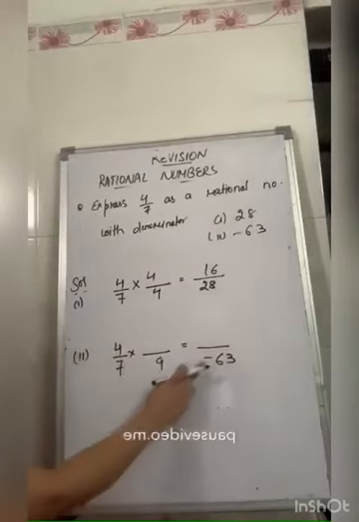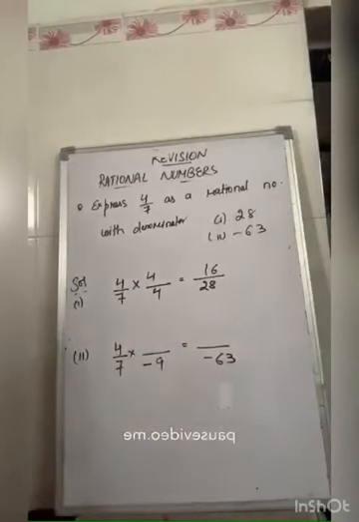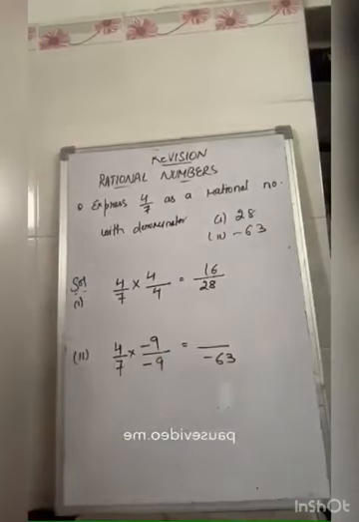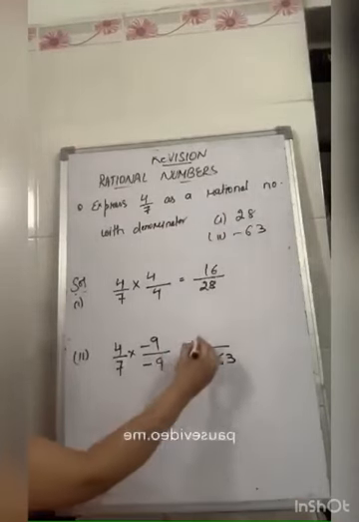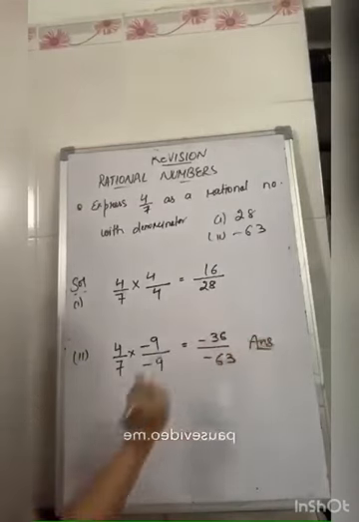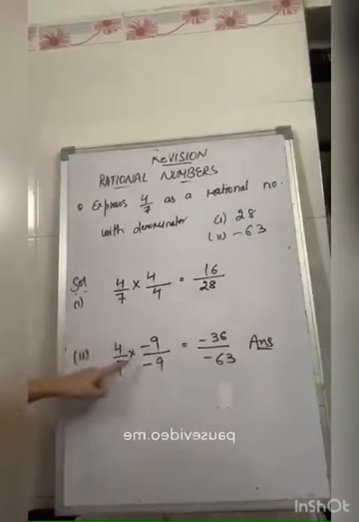So we multiply 7 with minus 9. 7 into minus 9 is minus 63. Multiplying the numerator also with the same number, 4 into minus 9 is minus 36. So this is our answer. Now we have expressed 4 by 7 as a rational number with the denominator minus 63.